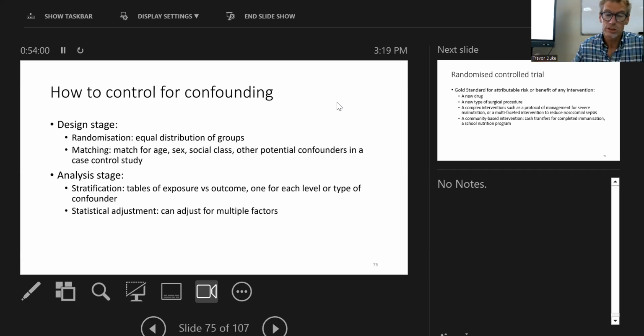So you can do statistical adjustment, and you can also do stratification of patients, which is usually done in a randomized trial. Instead of randomizing every patient, you break them up into groups and you randomize within groups.